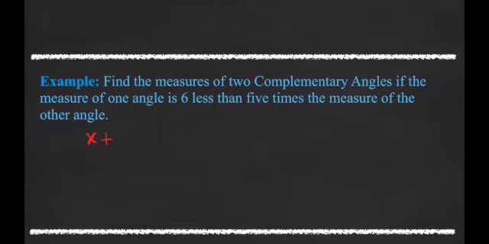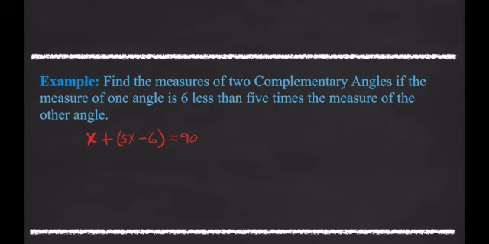The other angle is 6 less, so we need to subtract 6 from 5 times the first angle. Complementary means that they add to equal 90 degrees, so this should add to equal 90, right? x is the original angle. The other angle is 6 less than 5 times that amount. So make sure you understand how those words work together to form an expression.